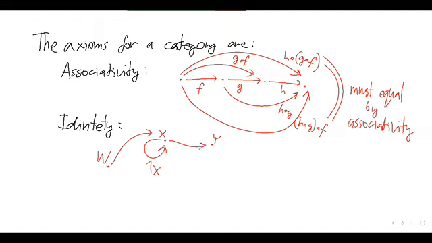This arrow is called the identity arrow for the object X, or of the object X. And the property is that it behaves like 1 for multiplication. If composition was multiplication, this would be the number 1.